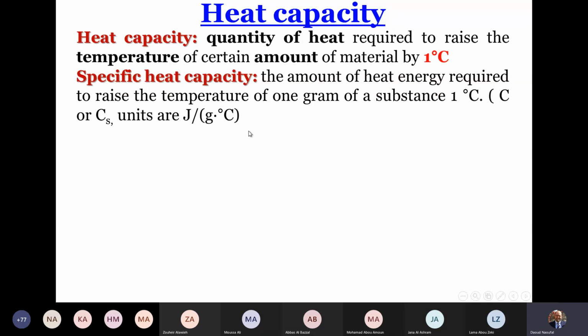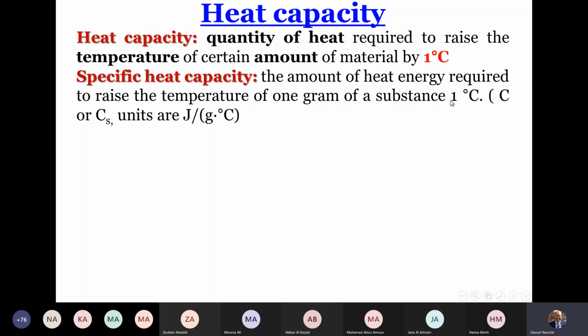The specific heat capacity is different from the heat capacity. The specific heat capacity is the amount of heat or energy required, so absorbed, to raise the temperature not of a certain mass of material, but of 1 gram of a substance by 1 degree.